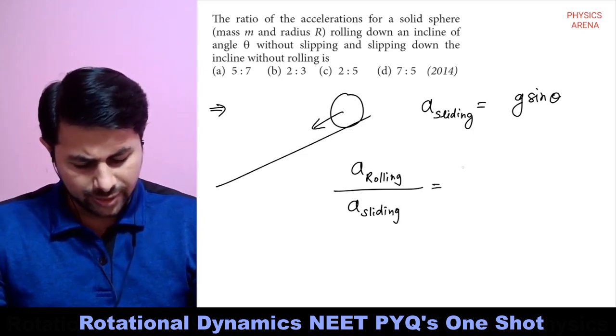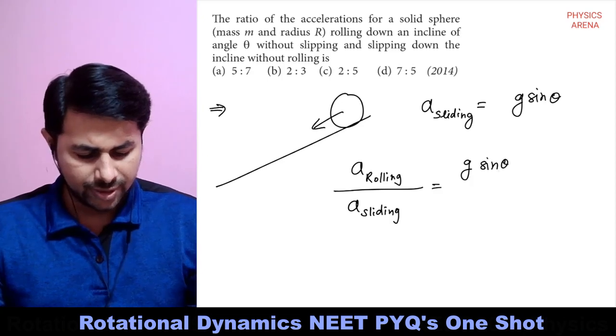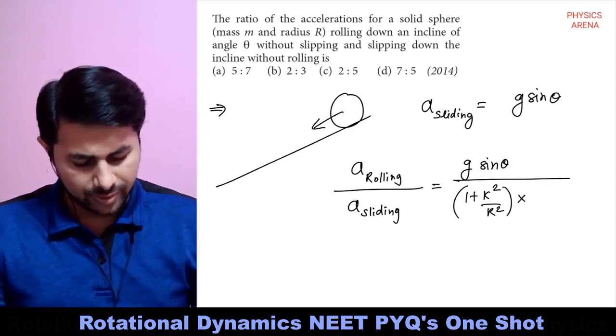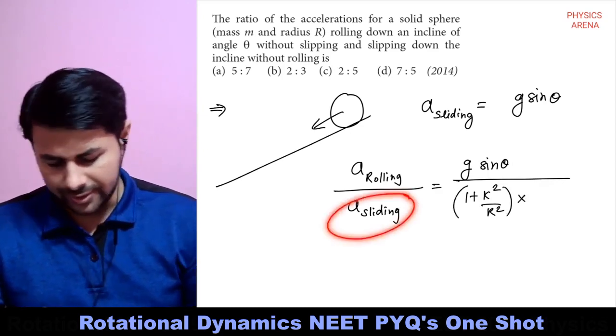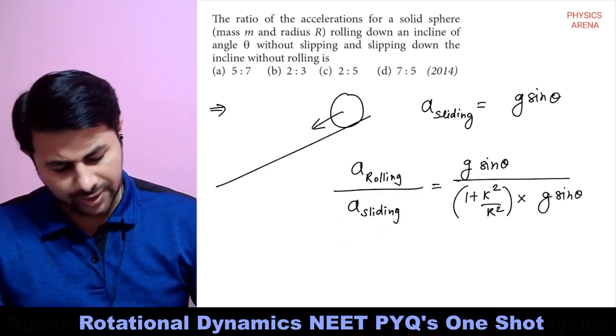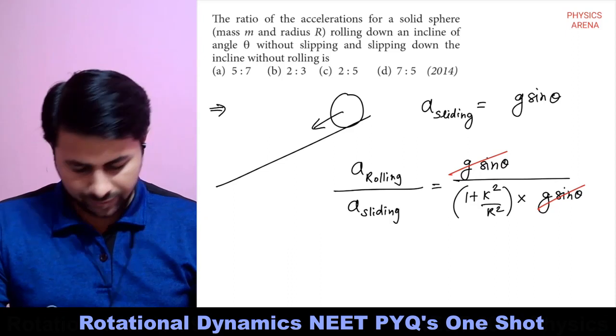Okay, so that is g sine theta divided by 1 plus k square by r square, and this divided by g sine theta. So g sine theta and g sine theta will get cancelled out.